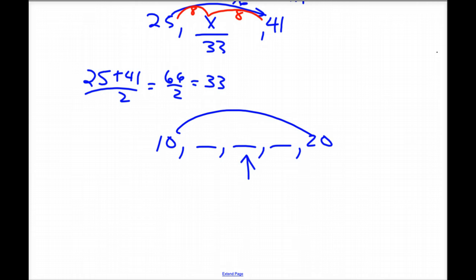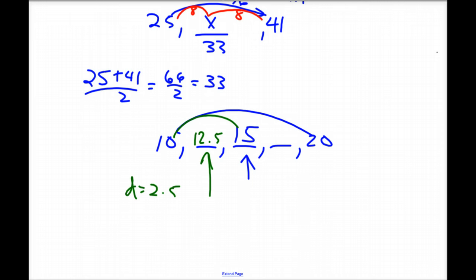And what's the average of 10 and 20? 15. 10 plus 20 is 30. 30 over 2 is 15. And then when I go to this one right here, that's the average of these two. What's in the middle of 10 and 15? Oh, that's 12 and a half. 25 divided by 2. And you can see the common difference on this one now is 2.5.